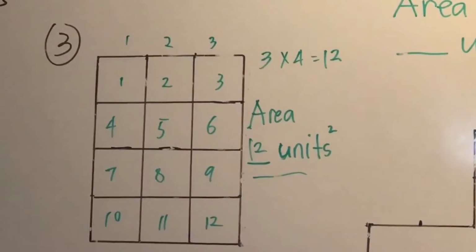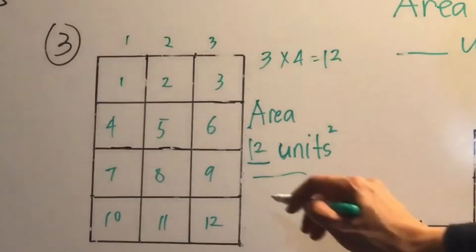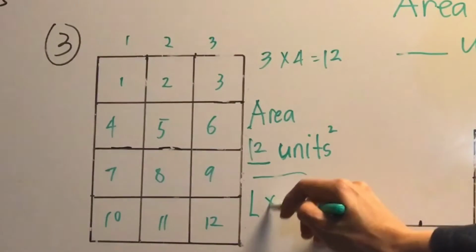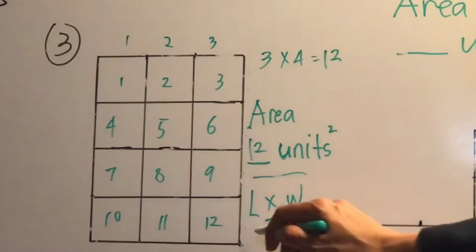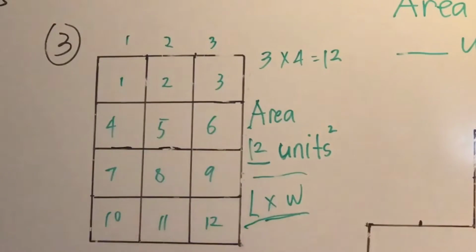We could do the length times the width. And if it's a full shape and doesn't have any indentations, like a U shape, we can do length times the width.